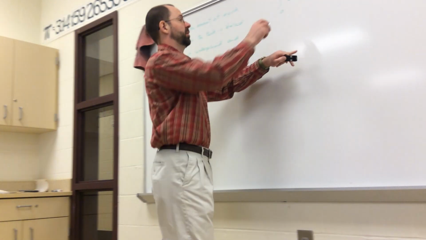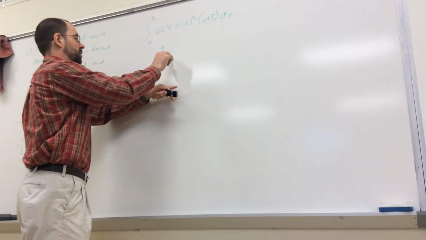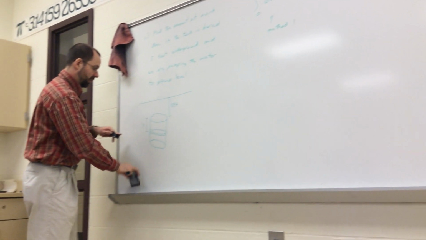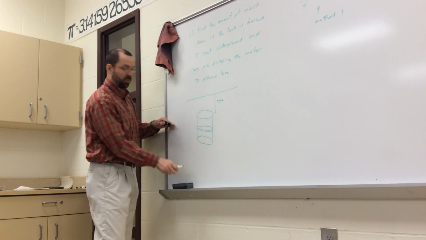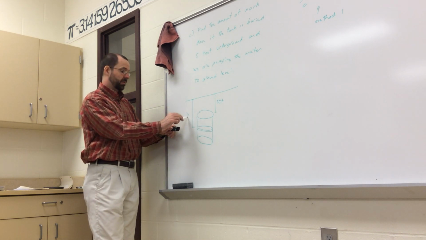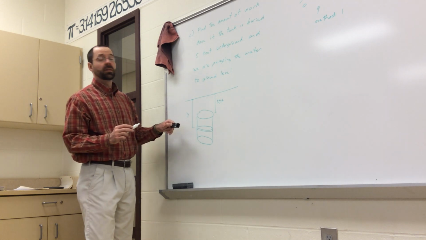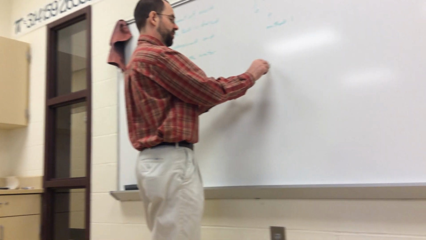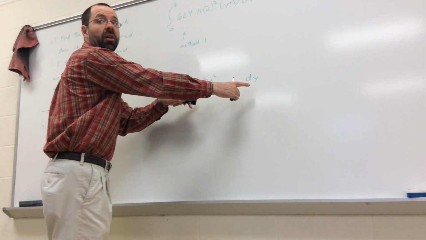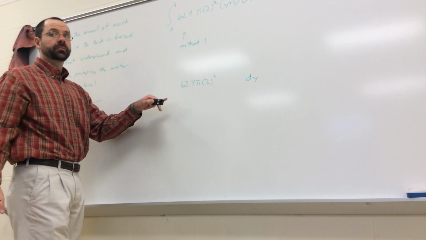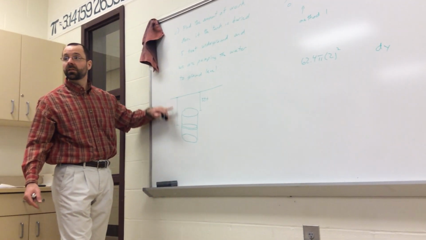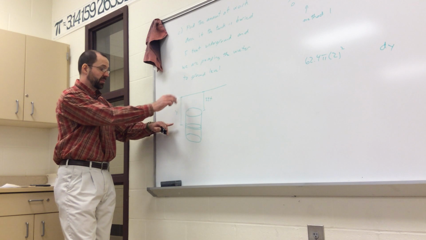Okay, so that's method one. But you could also make a different decision and have y represent the distance from the ground down, right? So then you'd have 62.4 times pi. The volume doesn't change. How much the water weighs doesn't change. Now we're moving the water a distance of y, if we choose for y to be the distance from the ground down.